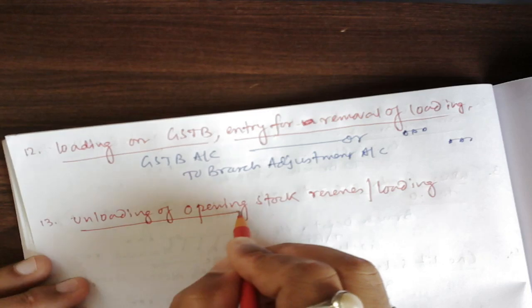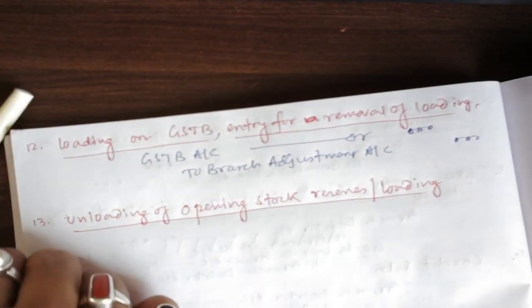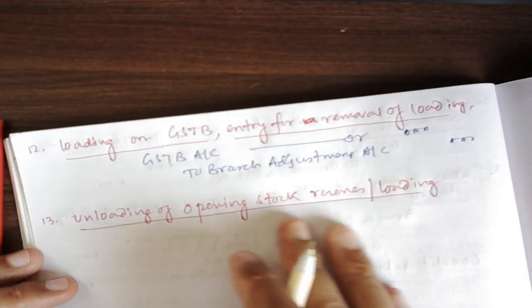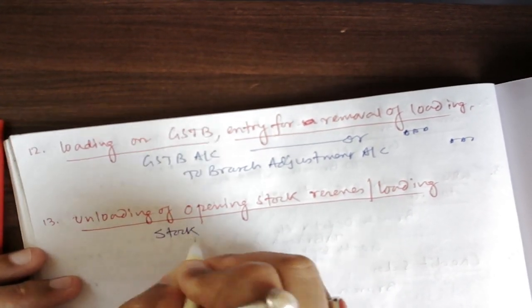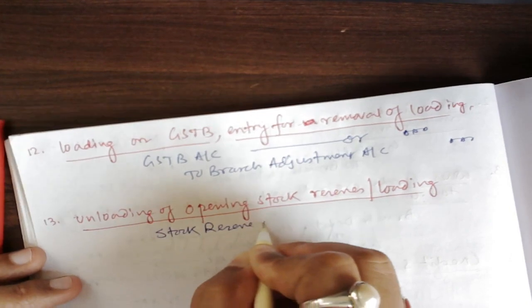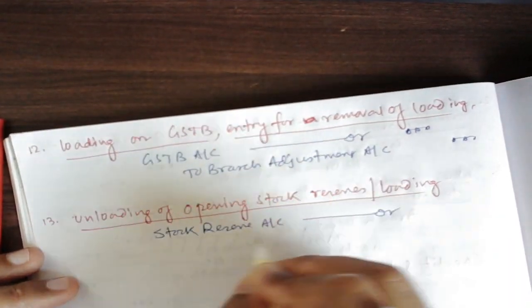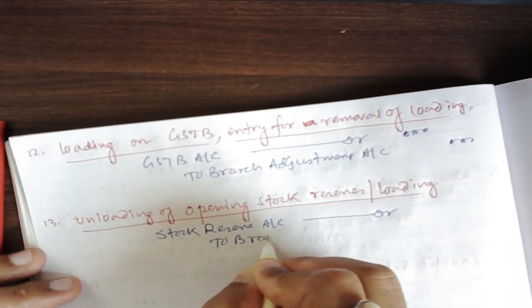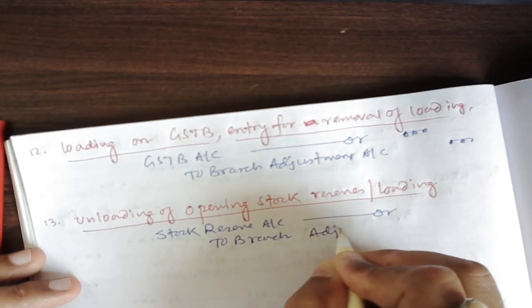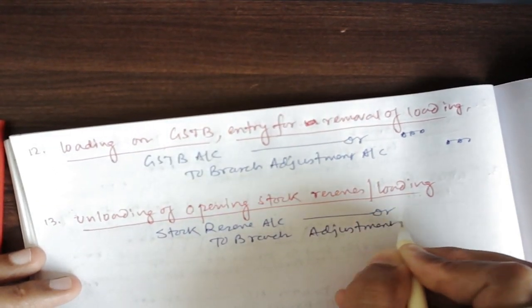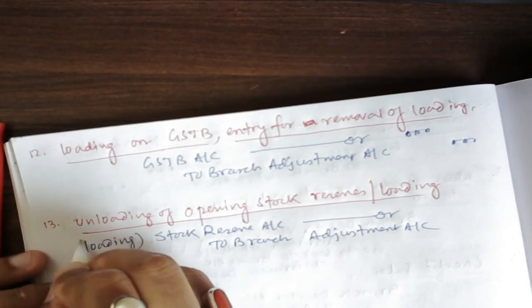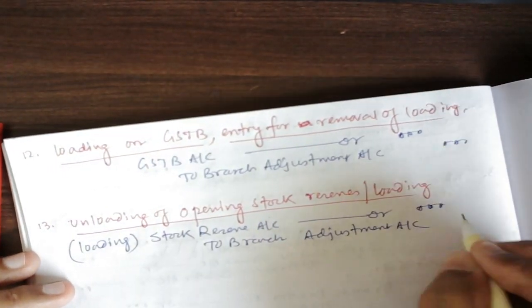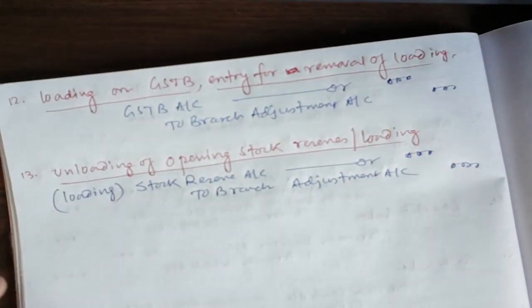So when you are going to unload the loading on the opening stock, then the journal will be very simple, sir. In case of opening stock, the stock reserve account debit to branch adjustment account. Okay? And only when making an entry related to the loading only. Only the loading amount should be posted here. Okay? And it is the opening stock.